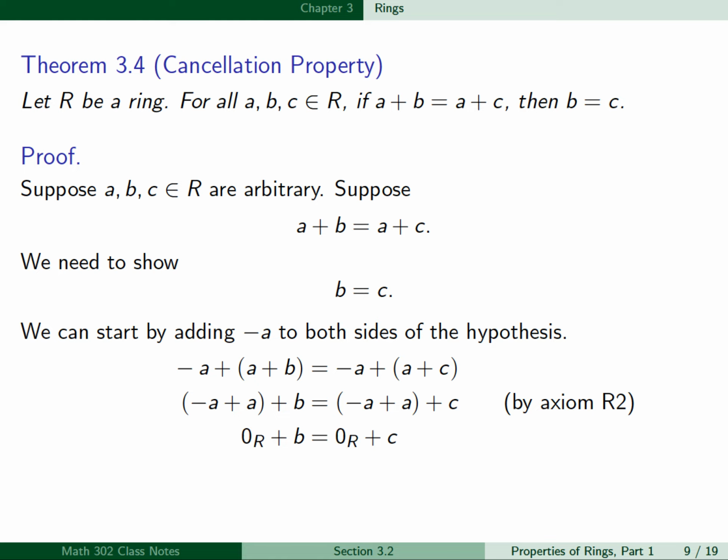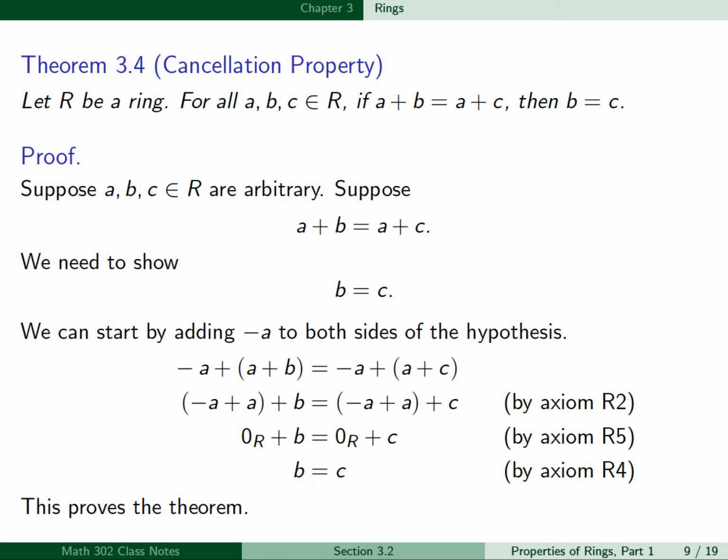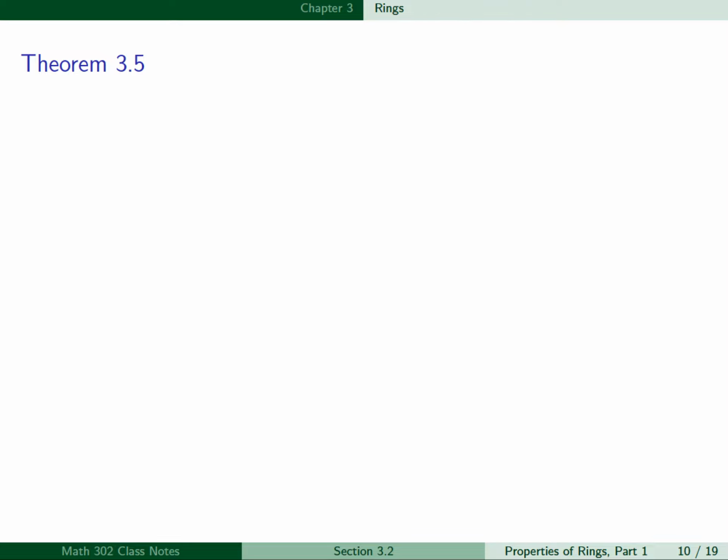And then minus A plus A will be 0 sub R. And so this will be 0 sub R plus B equals 0 sub R plus C. That's using axiom R5. And then finally, 0 sub R plus B will be equal to B, and 0 sub R plus C will be equal to C. That's our axiom R4. So this proves the theorem, and therefore our cancellation property holds.